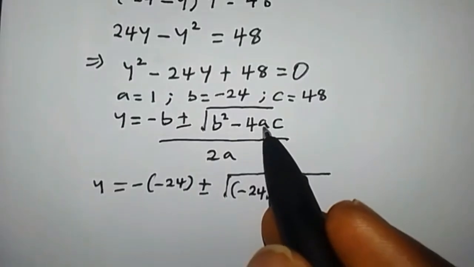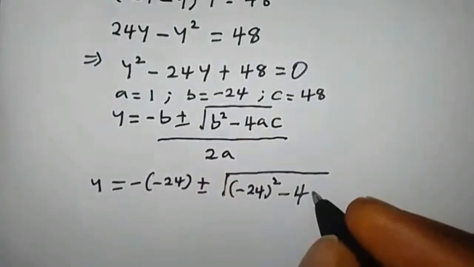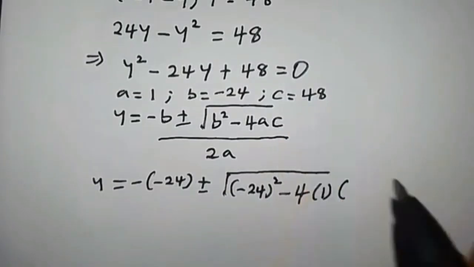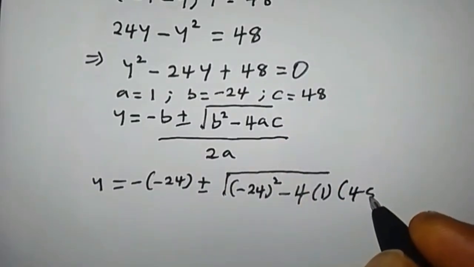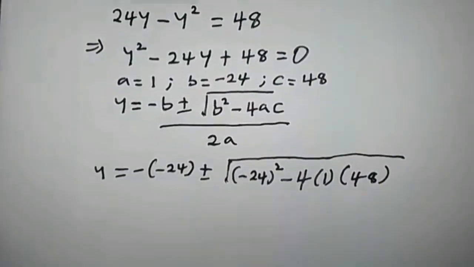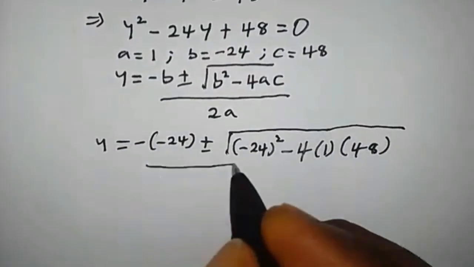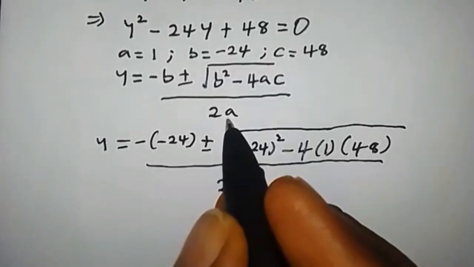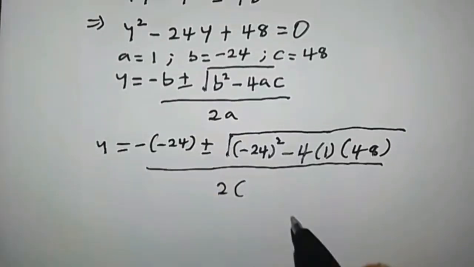What is a? A is 1 into 1 into, what is c? C is 48. Let's continue. Everything divided by 2 into the value of a, that is simply 1.